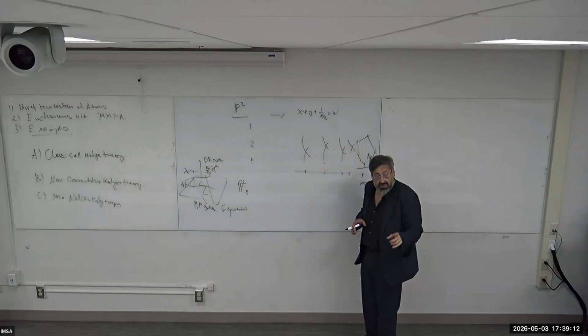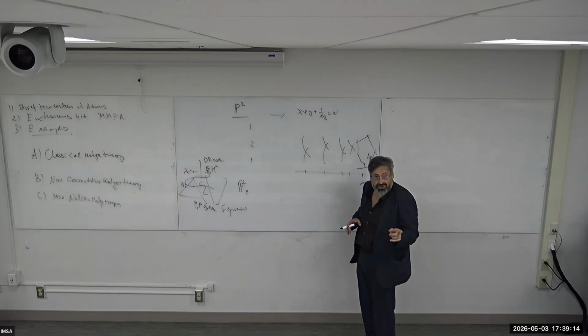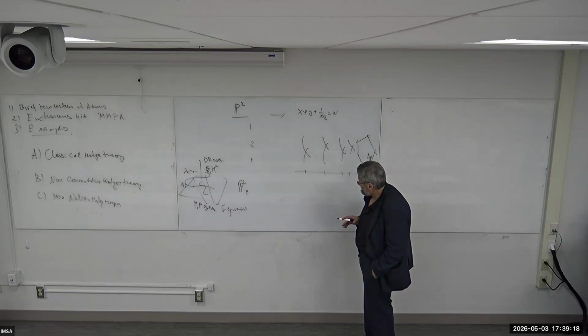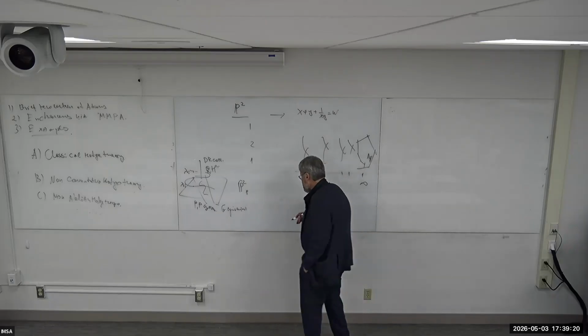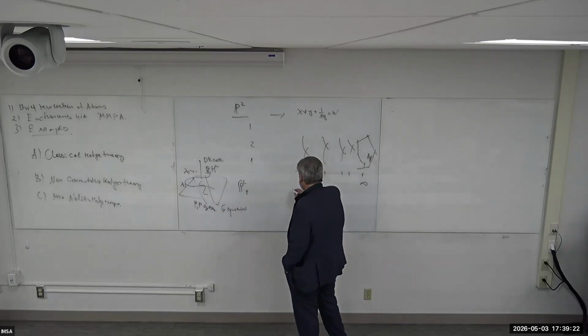So now let's go to dimension 3 and consider an example that was discussed today in advance. If you take P3, the corresponding Landau-Ginzburg model potential looks like that.